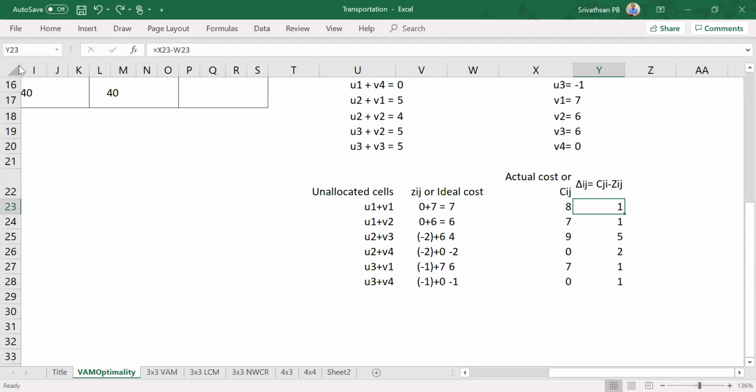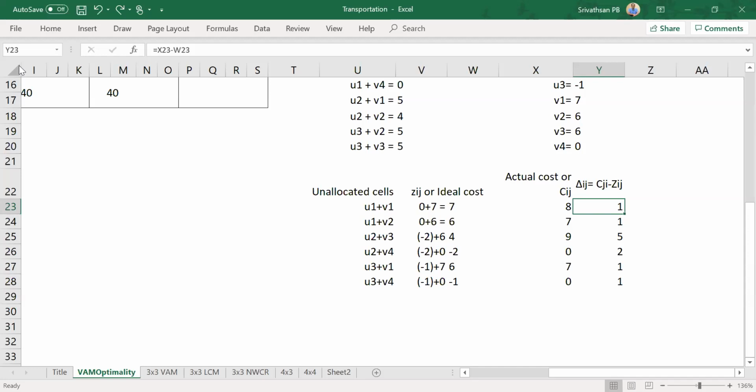That's what we understand. So: initial solution, test for feasibility. If there is a degeneracy, include that E or a meager quantity in one of the unallocated cells with least cost.